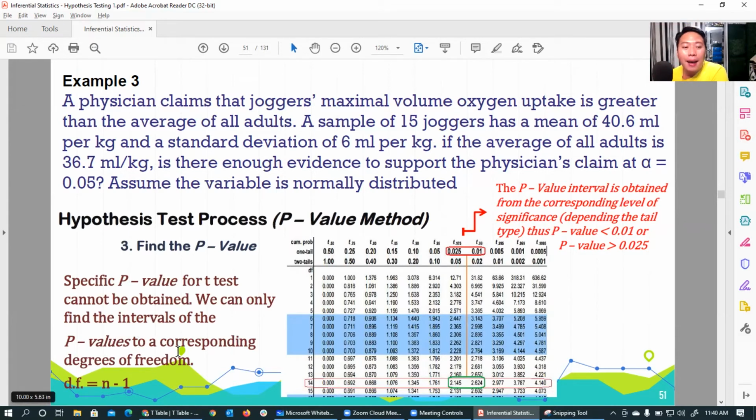So here, how many degrees of freedom do we have in this example? 14. How did you know it's 14? You just have to do 15 minus 1. So you start here. Do you see the box? You start here, 14 degrees of freedom. Is this one-tailed or two-tailed?